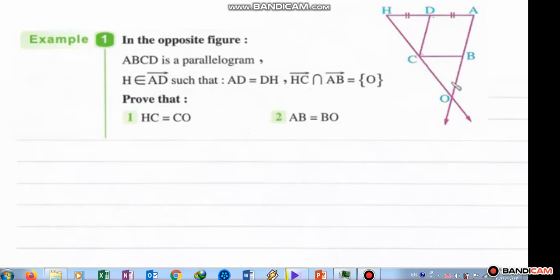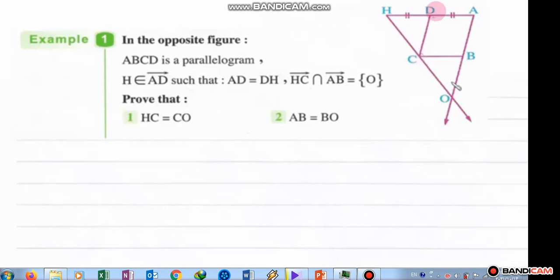So in triangle HAO, since D is the midpoint of HA, given, and DC is parallel to AO, then C is the midpoint of HO.